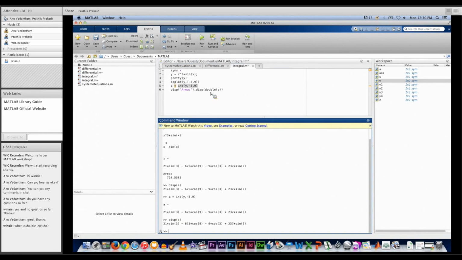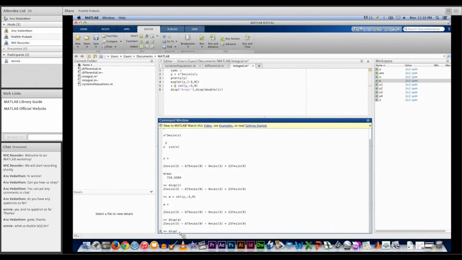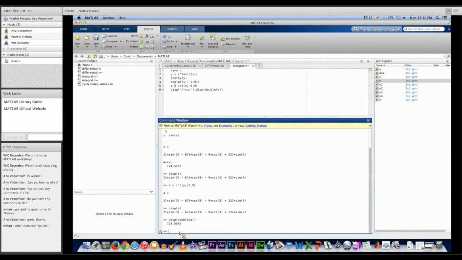Once you put it in this form, it solves the equation. So let's do that as well. Once you do that, it computes the entire thing and prints it out. It's like double in computer science, where you're figuring out how many digits it's storing. Yeah. Okay.